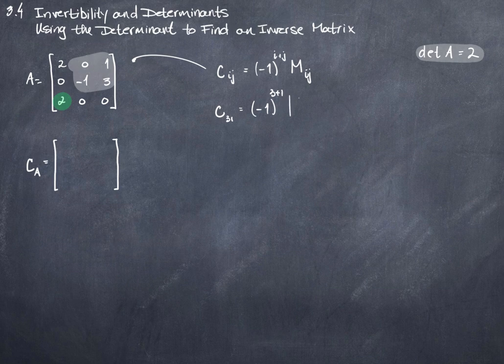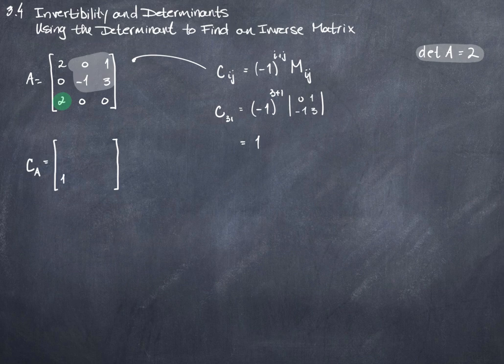And that is 0, 1, -1, 3. This is an even power, so -1 to an even number is just 1. So I can either write 1 times or I can omit it. I'm going to omit it this time. And the determinant of this little matrix is 0 minus -1. So the cofactor for this entry is going to go in my cofactor matrix right here.